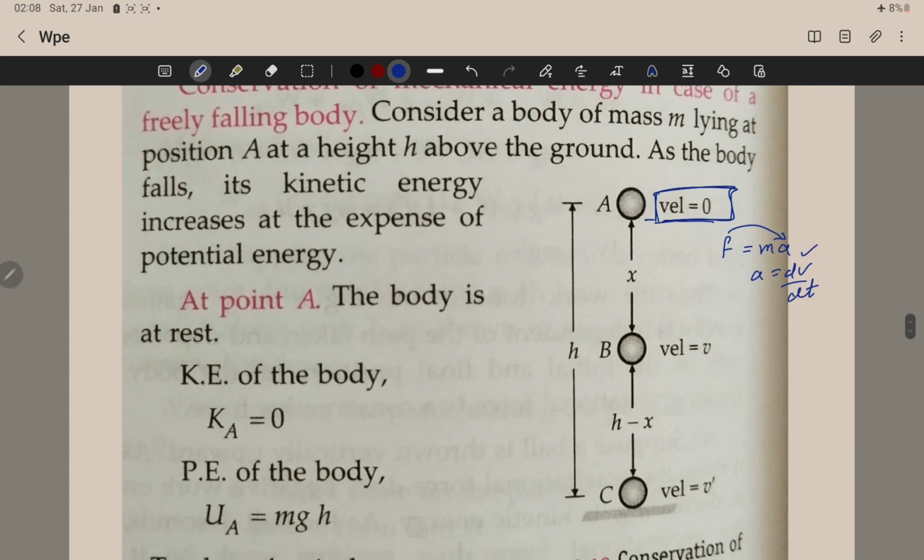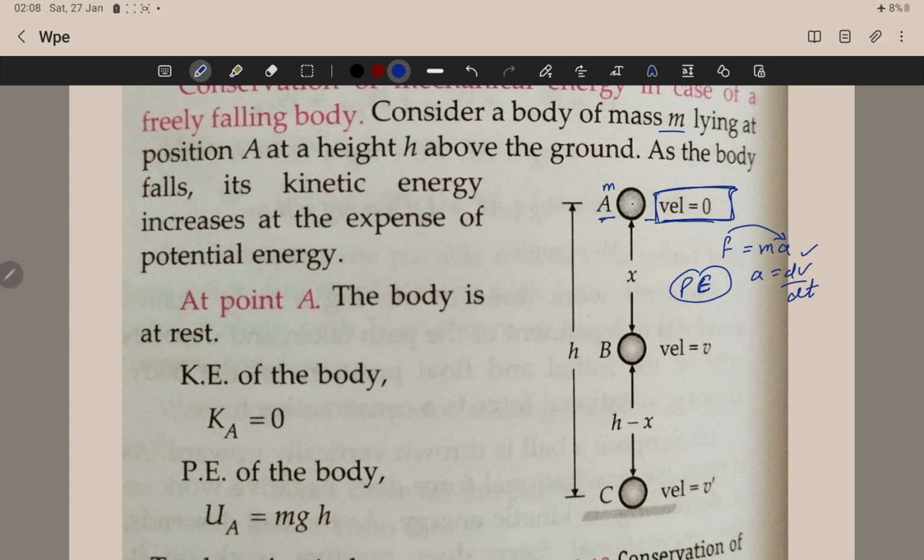So consider a body of mass m lying at a position A. We know if it is at some position A, it has some potential energy, because potential energy is by virtue of the position of the body.